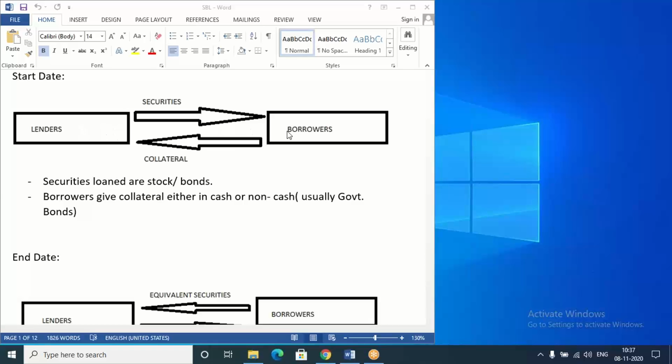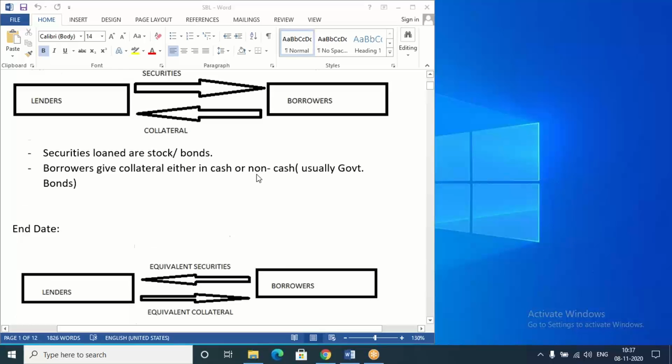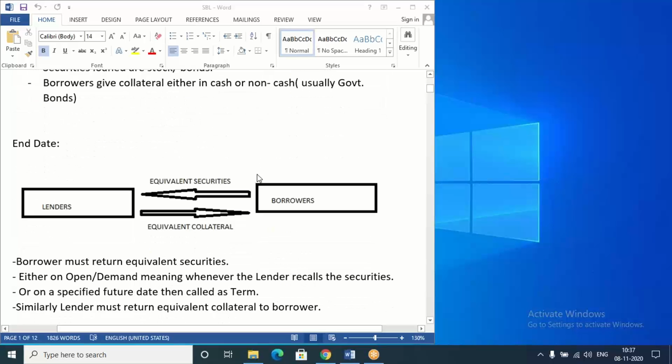The lender gives the securities, the borrower gives the collateral, and the end date of the contract is 15th of November. If the contract is an open contract, any time between today and 15th of November, the lender can recall the securities. That is called an open contract or an on demand contract. Is that clear to everyone?